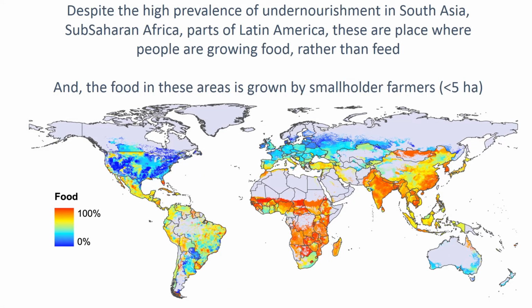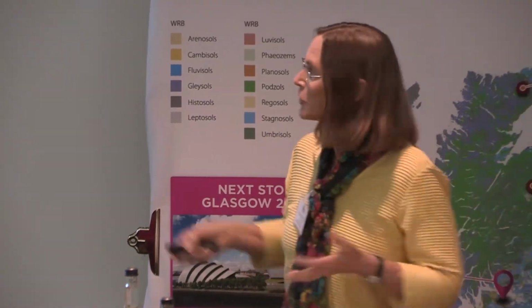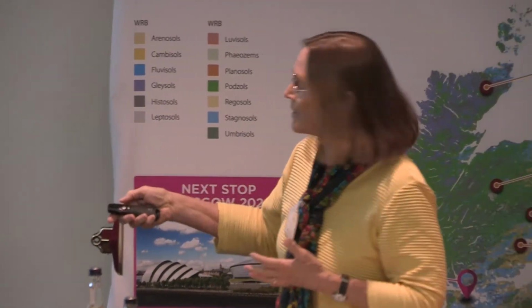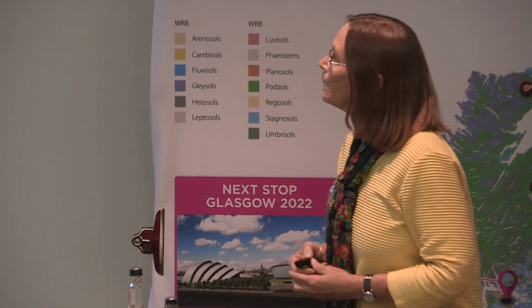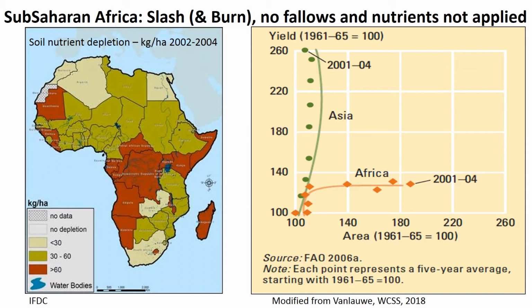Most of the food produced in the world is grown by smallholder farmers. It's feed and things like that that are these large-scale agricultural systems. So it's interesting to keep that in your mind, food versus feed. There's another map that's the reverse, and it's the feed map. All right, so I'm going to start focusing now on sub-Saharan Africa.